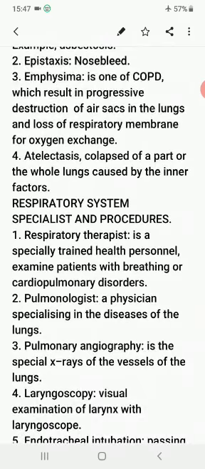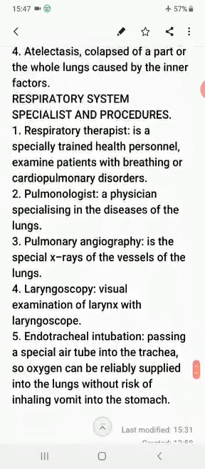So respiratory system specialist and procedures. Muna da respiratory therapist is a specially trained health personnel examine patients with breathing or cardiopulmonary disorders. Shi yana examining patients with breathing or cardiopulmonary disorder.